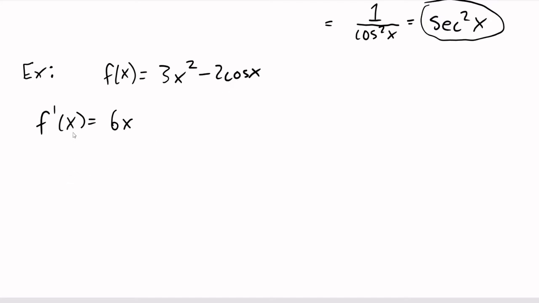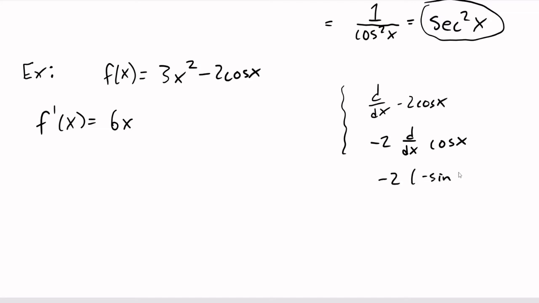So again, when you're first practicing these, you know what's a nice thing to do is just to do little scratch work here. I want to do the derivative of negative 2 cos x. Okay, that's negative 2 because we can pull the constant out, cos x. And then I just have to remember, oh yeah, that's negative sine, right? Negative 2, negative sine.